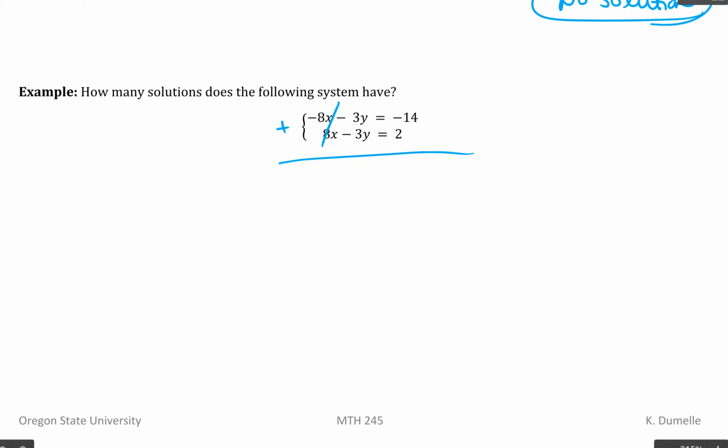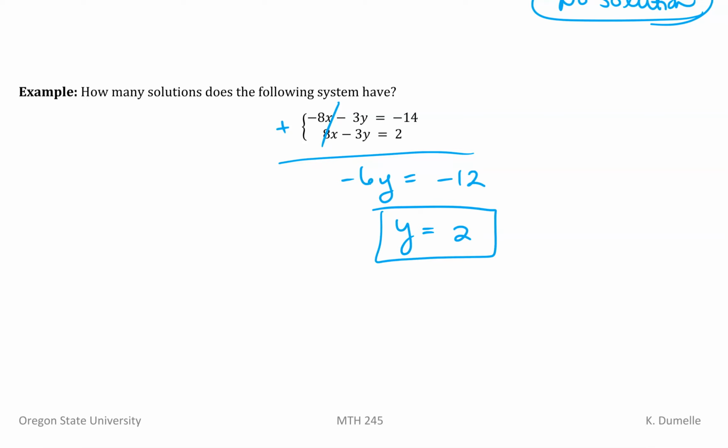So those cancel out. We get negative 6y equal to negative 12. Then I solve for y, and I get positive 2. Then I'm going to take this value for y and plug it back into an equation. So I get negative 8 times x minus 3 times 2 equals negative 14.